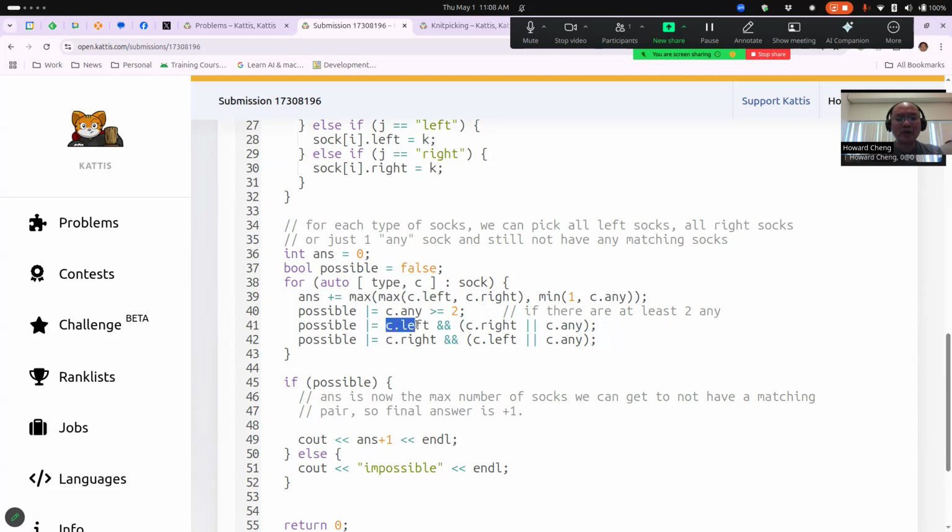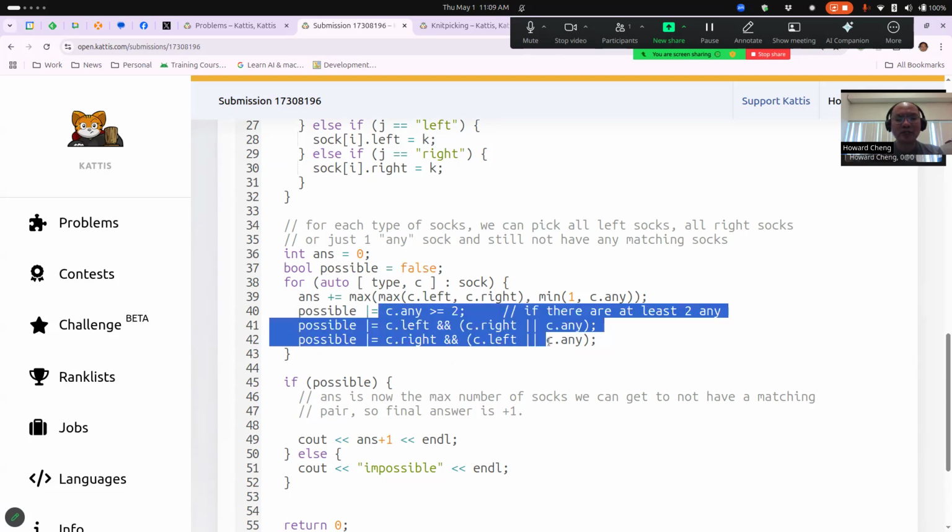Or maybe you have at least one left sock, and at least one of the other two socks, or vice versa. Now, these three lines of code actually have a lot of things going on. First of all, possible is a Boolean value. It's initialized to false. Whatever possible is, I want to make it true if any one of these three conditions is true.